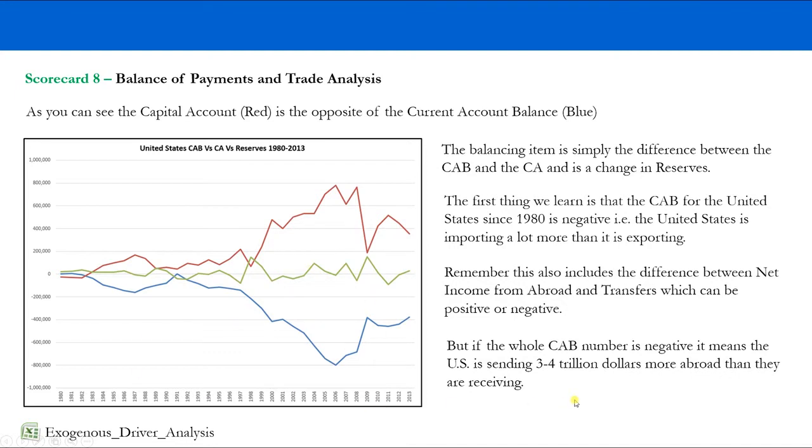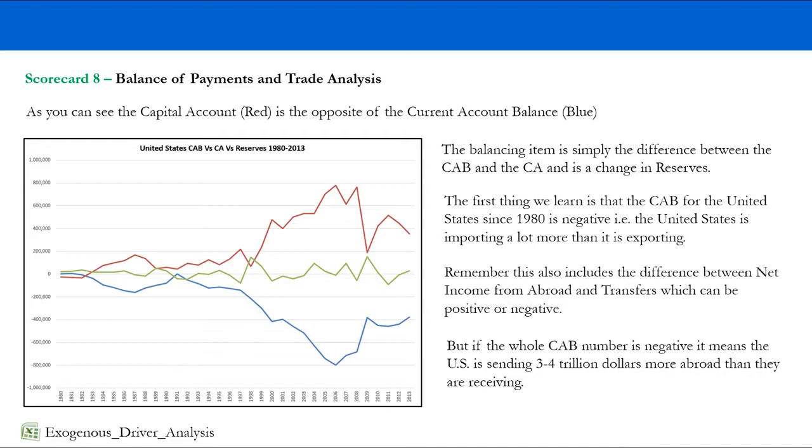So this is the exports minus imports number. So they're essentially importing a lot more. But also, just remember that this includes the difference between net income from abroad and transfers. So that's also in the equation. And those numbers, or that number, can be positive or negative.